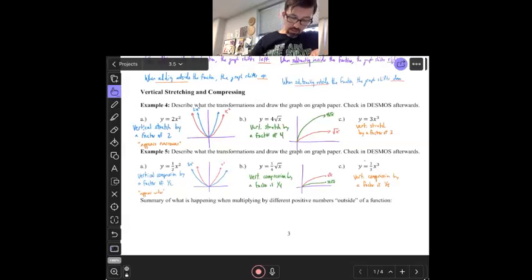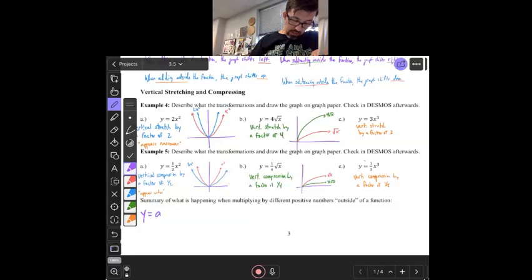So the main thing, again, this would be our a value. You would see y equals a times (x minus h) squared plus k, or y equals a square root of (x minus h) plus k, or, for absolute value, a times the absolute value of (x minus h) plus k.